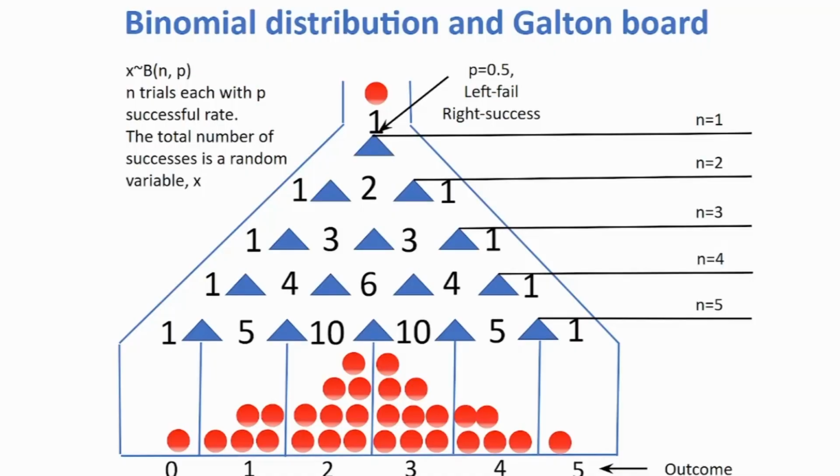Now it is very important to understand that as the number of trials increases, the shape of this graph will approach a normal graph.